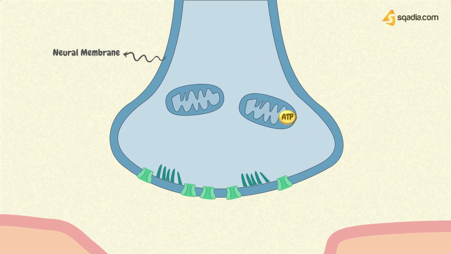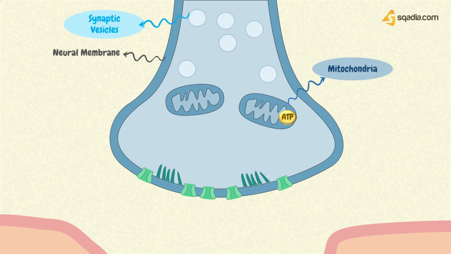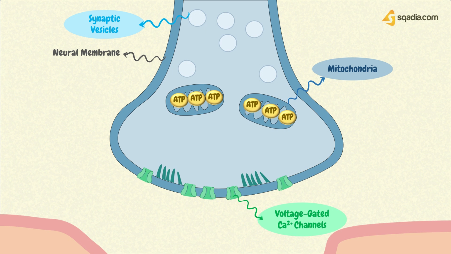Let's look closely at the neuronal membrane. It contains mitochondria, synaptic vesicles, and voltage-gated calcium channels. Mitochondria are present in abundance, and they are responsible for the synthesis of ATP. This ATP is used as an energy source for the production of the excitatory neurotransmitter acetylcholine.